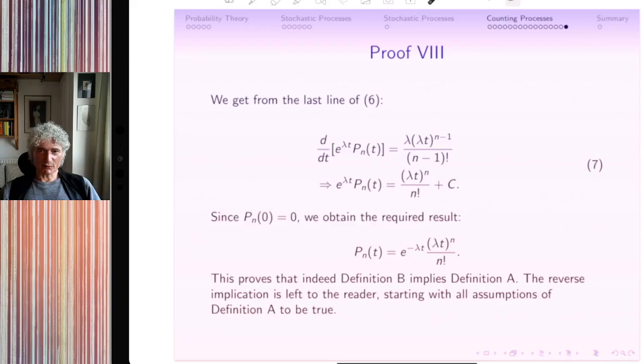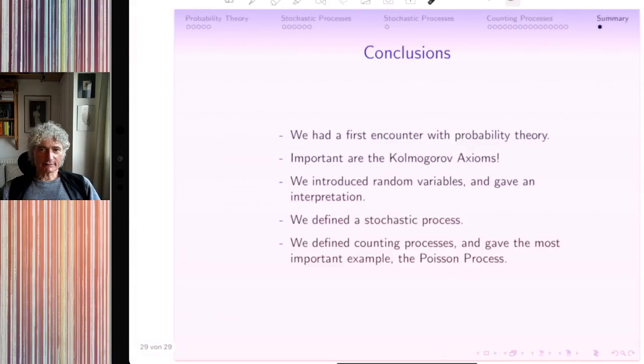So we think we know everything for the process P_{n-1}, where we count n minus 1 events, and then we derive a formula from that for P_n of t, and that's more or less the proof in one direction. So please also try to prove this in the other direction. You have the slides of this lecture, so this is something you really should be able to understand.